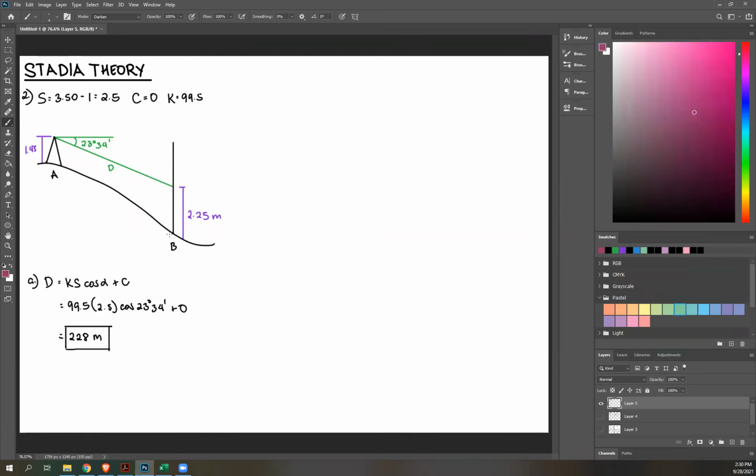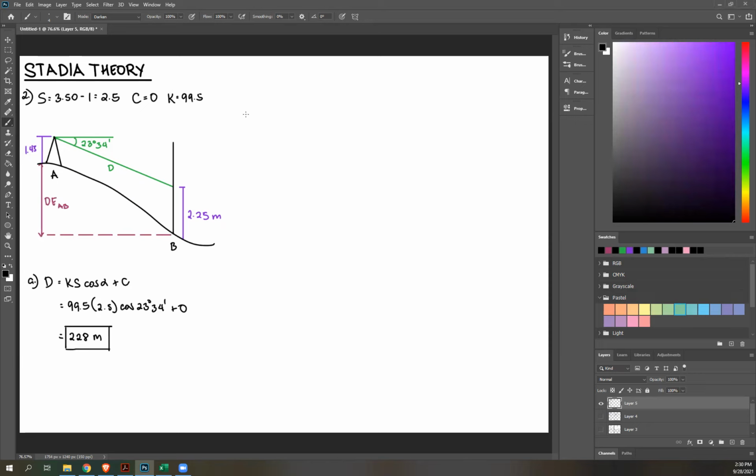So this is what we're looking for. Let's call that DE from A to B. Now I can't use the equation before, because this is different height of the instruments.